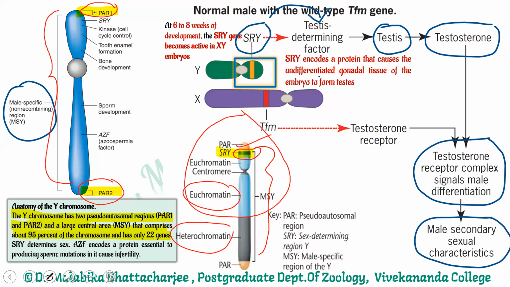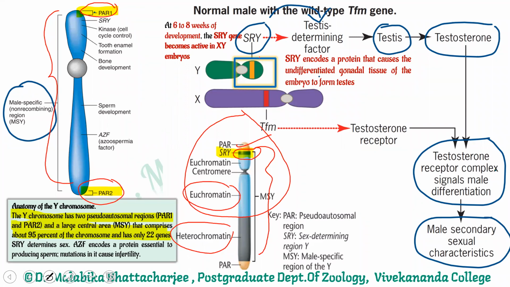That means it can directly interact with the DNA regulatory sequences and bring about the upregulation or the downregulation of its target genes. Two autosomal genes are also targets of the testis determining factor.